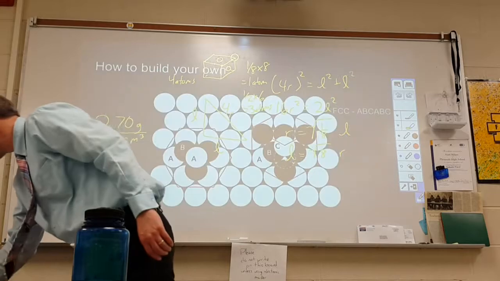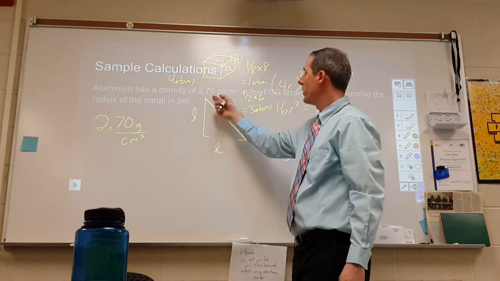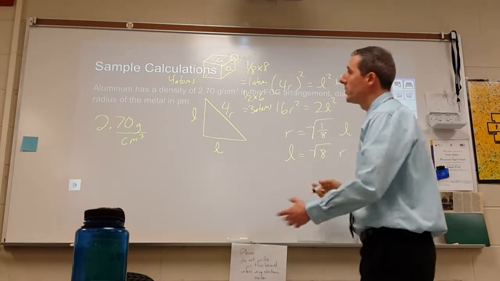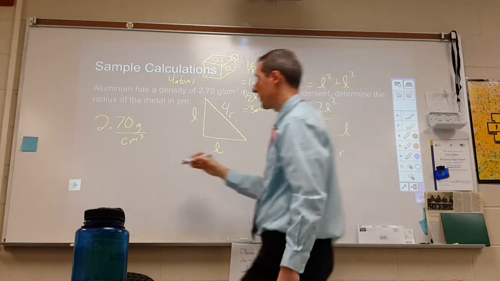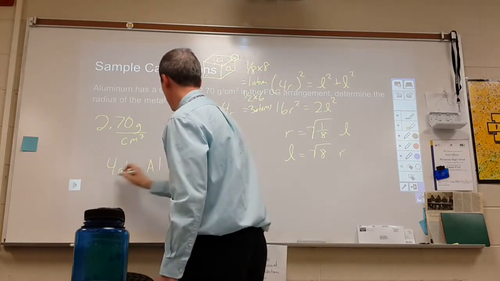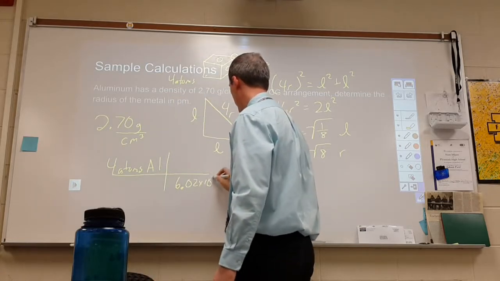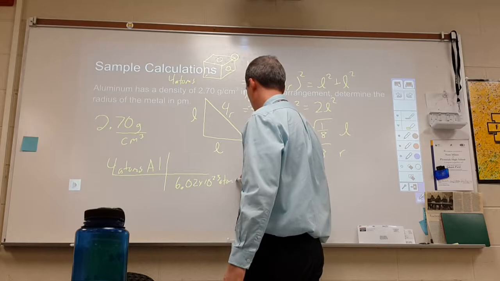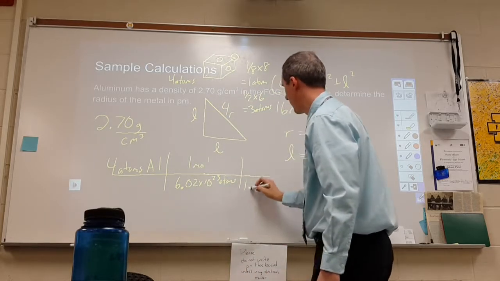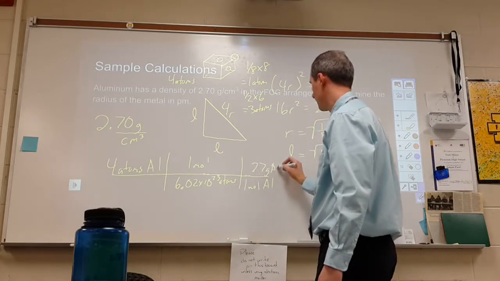Okay. So let's go back to the problem then. So we have 4 atoms, we know the density, we want to find the volume of the cube. So what we can do is we can say, okay, well what's the mass of 4 atoms? So 4 atoms of aluminum. We would take 6.02 times 10 to the 23rd atoms. Let's say that's 1 mole. And then we would say 1 mole of aluminum is 27 grams of aluminum. Okay.